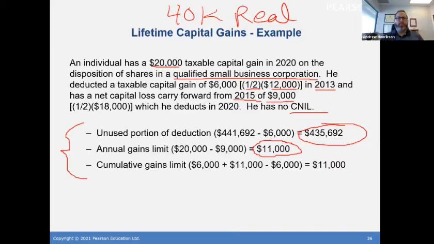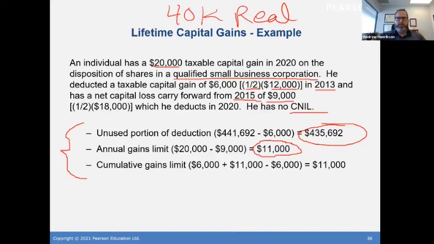So the cumulative gains limit in this case is going to be 6,000. That's the taxable capital gain from back in 2013. In that year, we would have had a limit of 6. Then we have the current year, right, which we had our 11 that we already calculated.